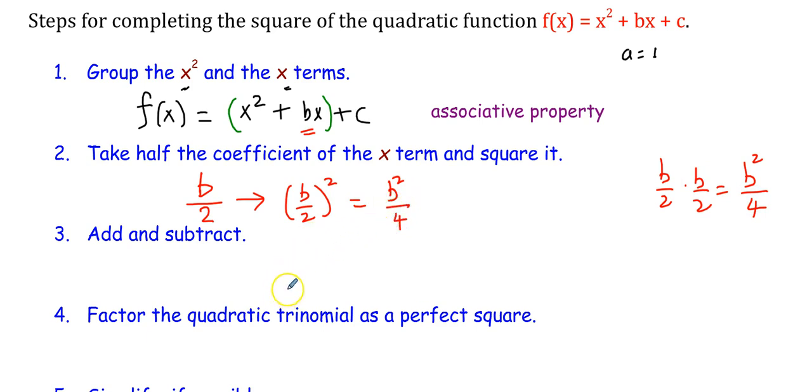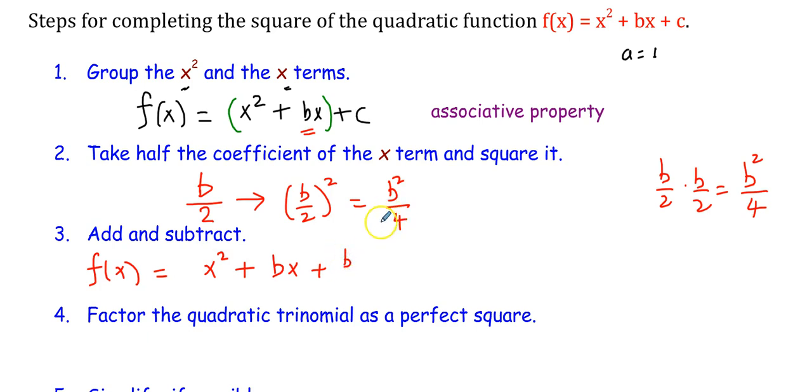Now add and subtract this b squared over 4 to the given function. So what happens here? f(x) equals x squared plus bx plus, I'm adding b squared over 4.